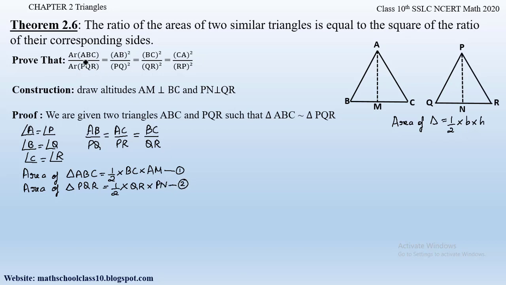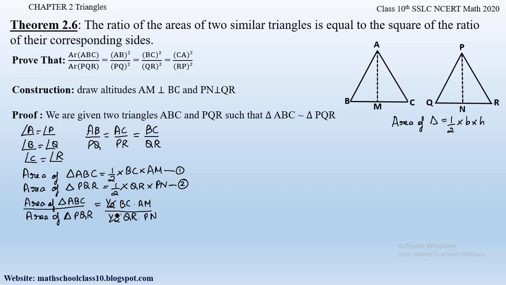Now we have to find the ratio of area of ABC divided by area of PQR. So let us divide 1 by 2 and see what we obtain. Area of triangle ABC divided by area of triangle PQR is equal to half BC into AM divided by half QR into PN.